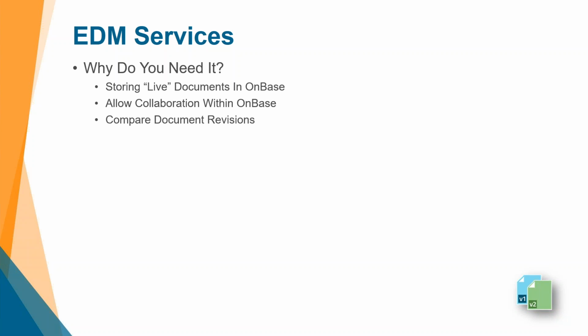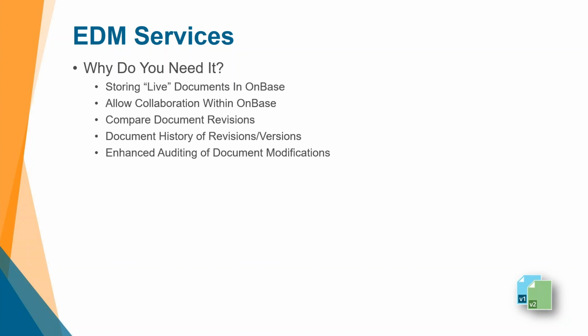What changed? You can't rely upon users always turning on track changes inside of Microsoft Word. You have that entire document history for all the revisions and versions that just wouldn't be there before, and you have all of this additional auditing capability for all these document modifications.